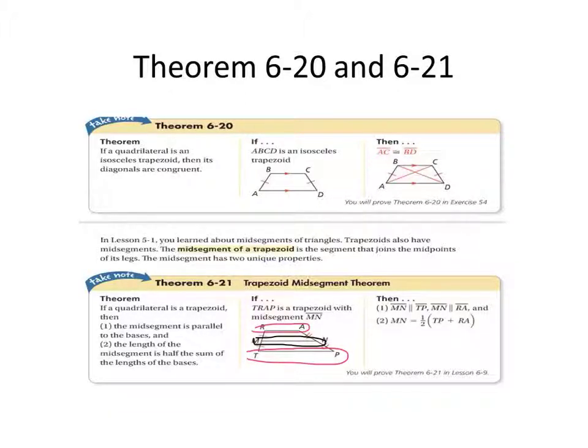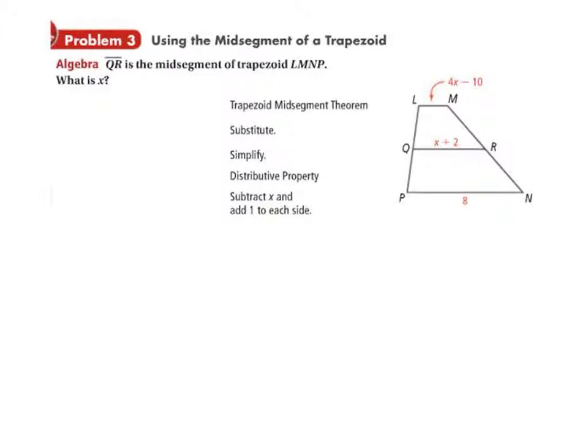That's interesting. All right. QR is the mid-segment of trapezoid LMNP. What is x? All right, so the first thing we need to think about, what do we got here? One of the things we know is that QR is equal to half of LM plus PN.